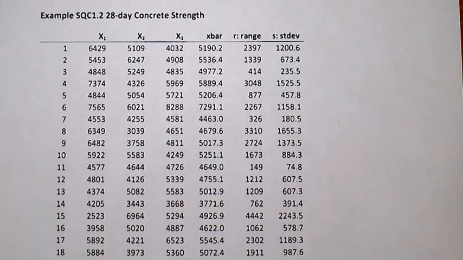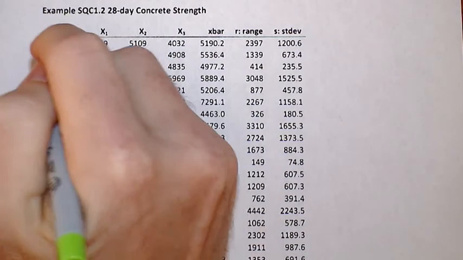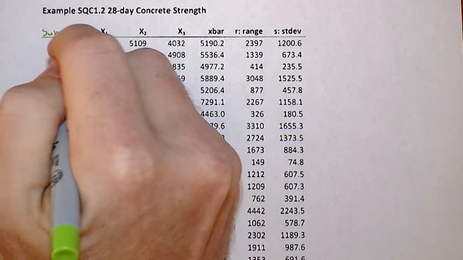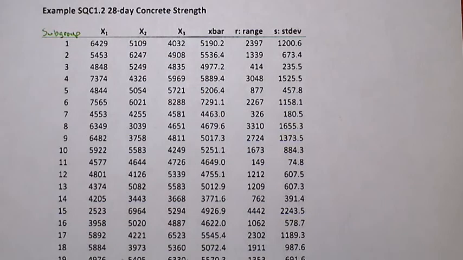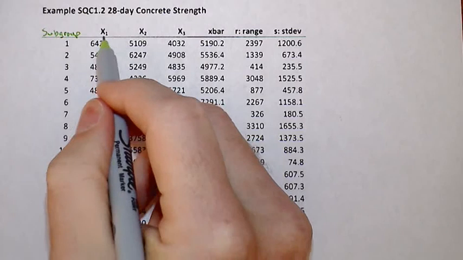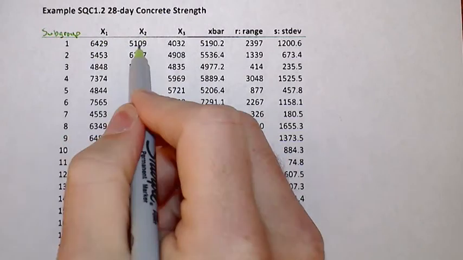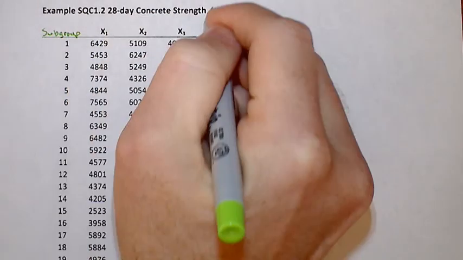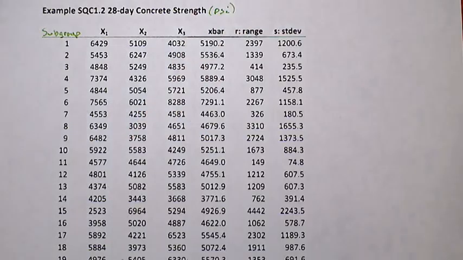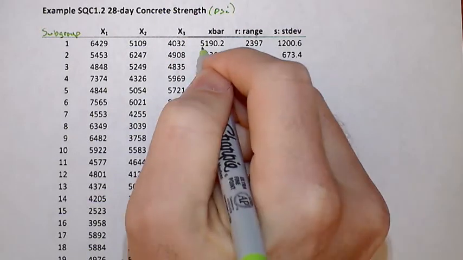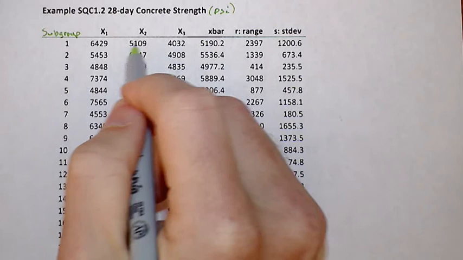As we look at this data, a couple of things to keep in mind about how it has been prepared: we have our subgroup in the first column, and out of each subgroup we've got 3 cylinders that we've tested, and these are the concrete compression strengths in PSI. And this X bar here is just the average of those 3.